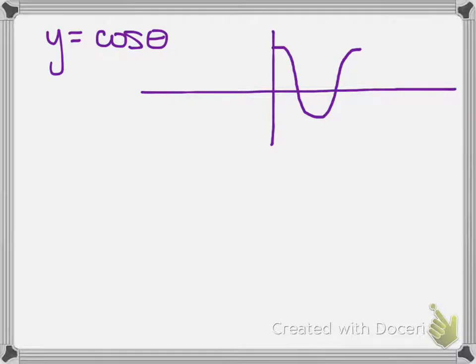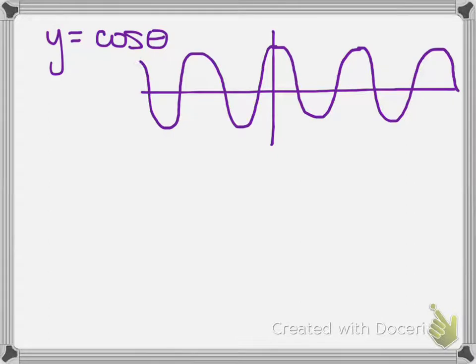That's just one cycle. Okay, the cosine graph just keeps on going up and down, keeps going in waves, goes both directions, just keeps on going forever and ever. Okay, and a normal cosine curve, the first cycle starts right here at 0, and that first cycle ends at 2 pi. That's one complete cosine cycle.